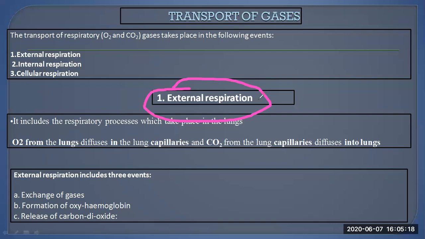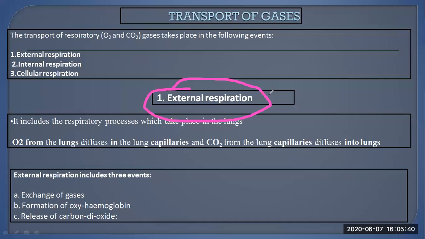These pulmonary capillaries have a high concentration of CO2 and a low concentration of oxygen, meaning the partial pressure of oxygen is low and the partial pressure of CO2 is high. It will reach the left and right alveoli.